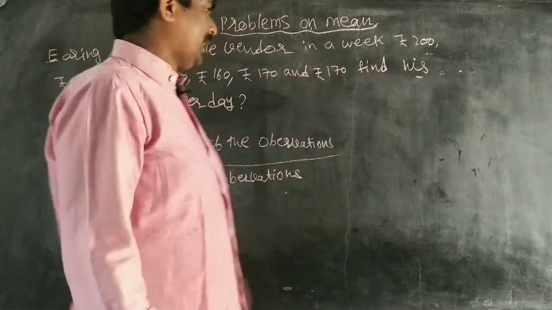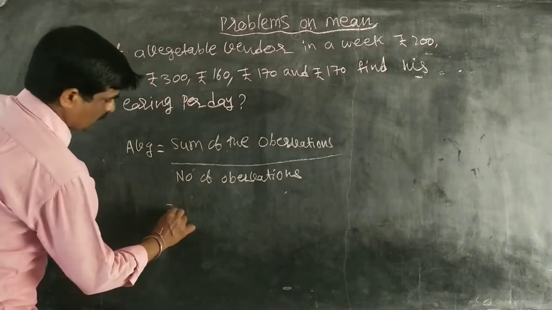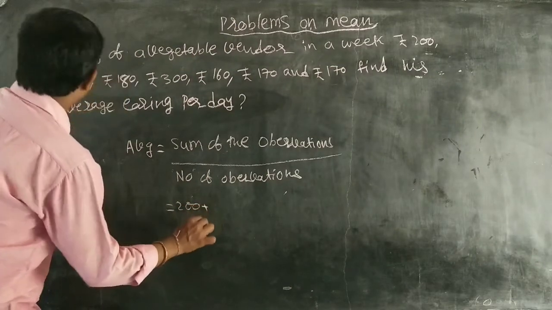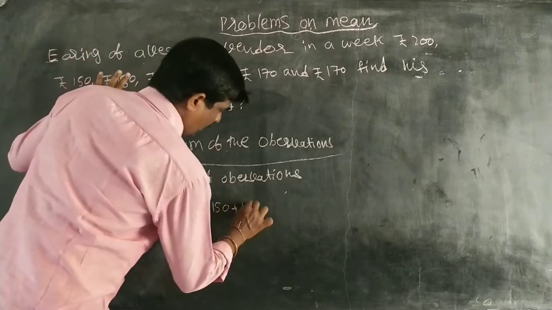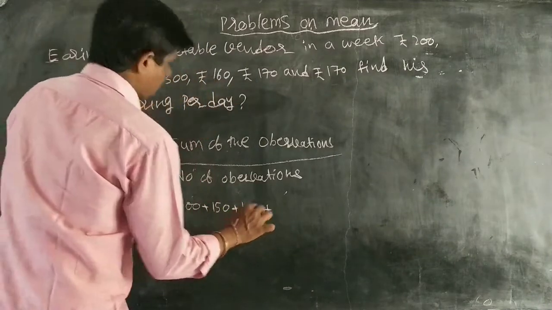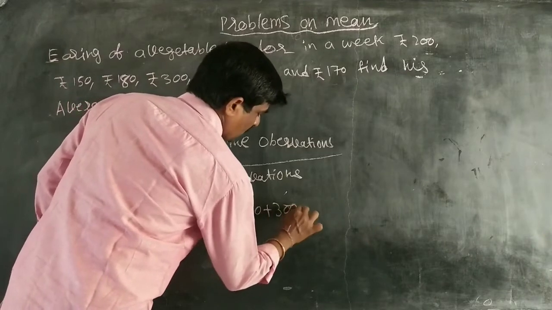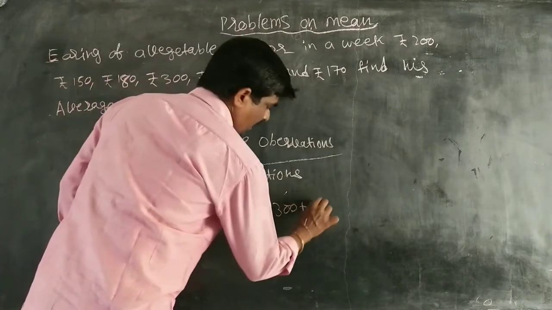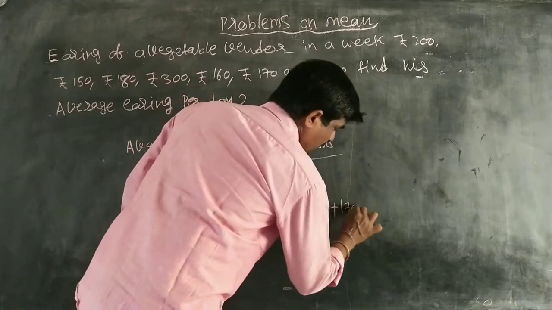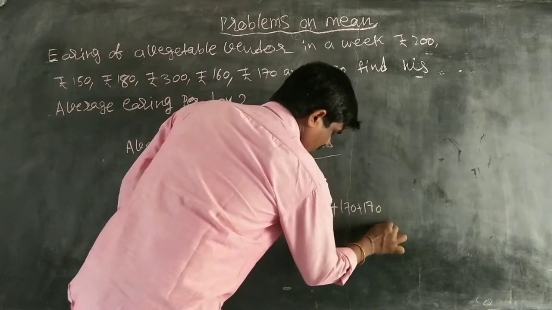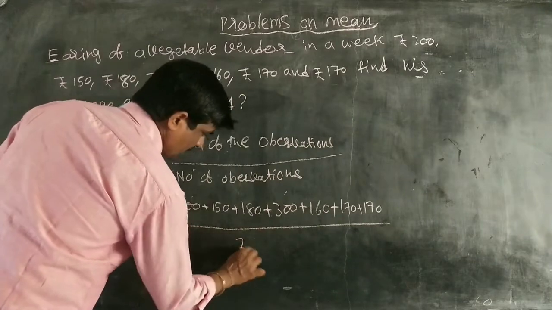First, 200 I am writing. That is equal to 200 plus 150 plus 180 plus 300 plus 160 plus 170 plus 170, divided by the total count of numbers. How many numbers do we have? 7.